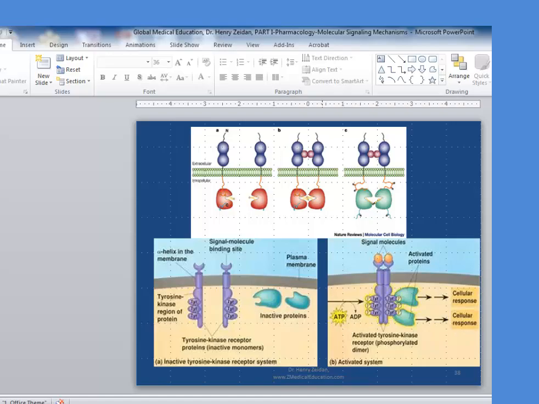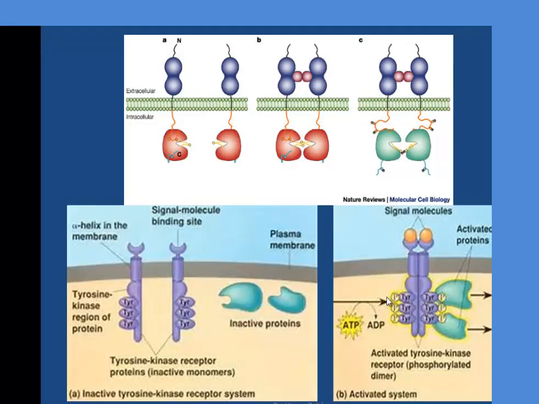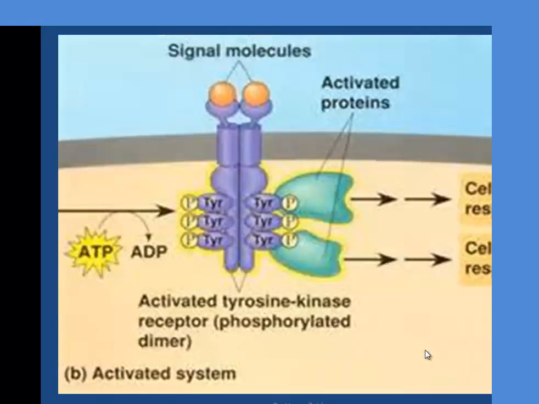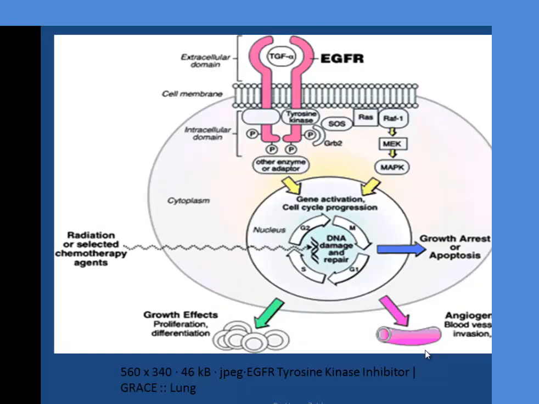So I like to enhance this so you can see it beautifully illustrated here. That's tyrosine kinase. That's GF, that's growth factor in the previous slide. So that's the inactive state prior to binding, and that's after insulin binds. Phosphorylation of tyrosine kinase takes place here. Look at this beautiful illustration here.